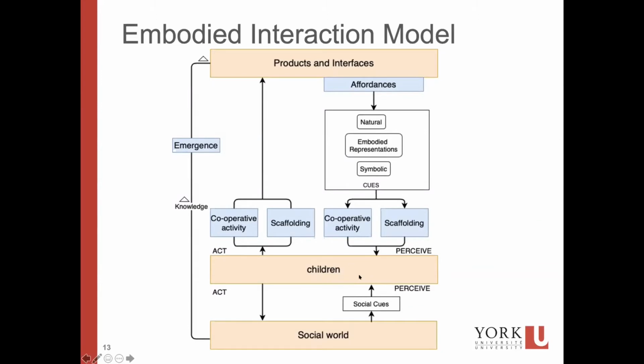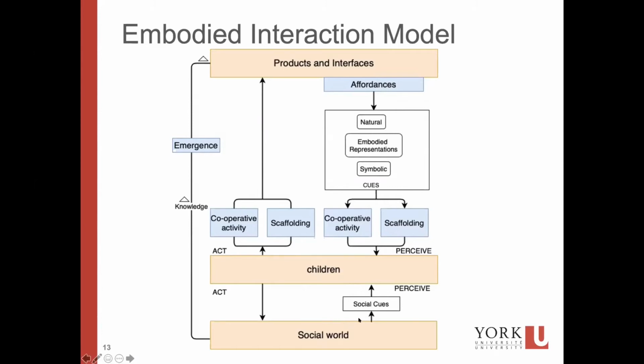You can see the children perceive using cooperative activity and scaffolding, and they use affordances in the form of natural properties of the objects. They use symbolic cues or metaphors, and they may also use embodied representations, which in other words is simulation of functionalities of different objects, such as a bouncing ball, etc.